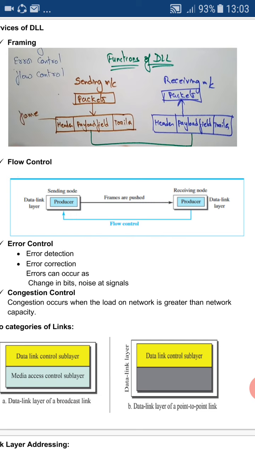Once again, listen: the process of managing the rate of transmission between two nodes to prevent a fast sender from overwhelming a slow receiver. The meaning is to avoid the receiver being overloaded with frames. This flow control service will prevent the receiver from overloading.